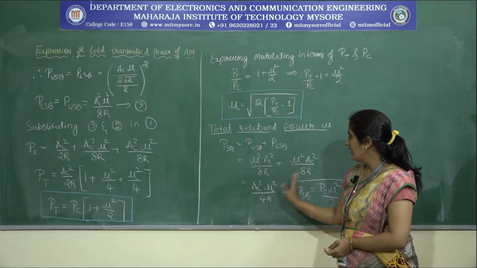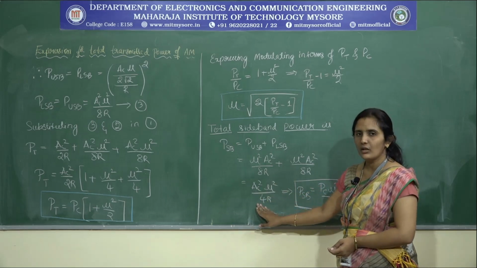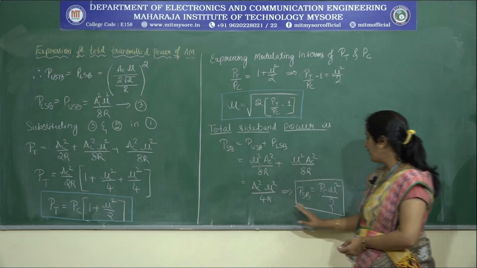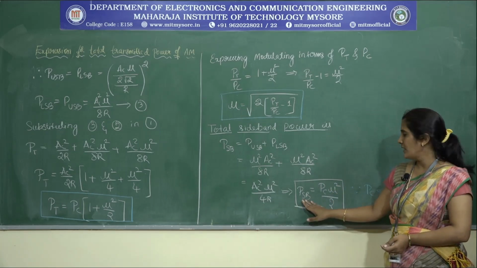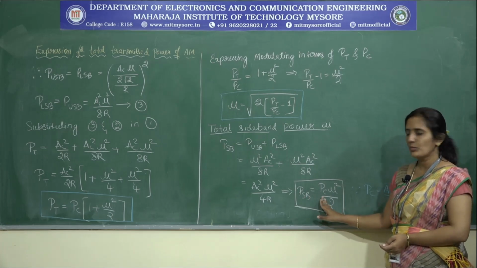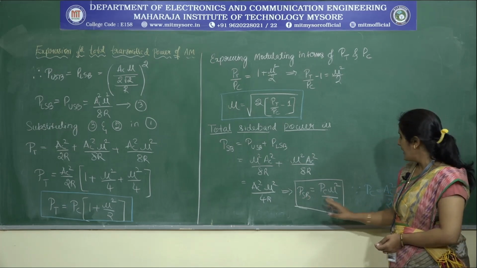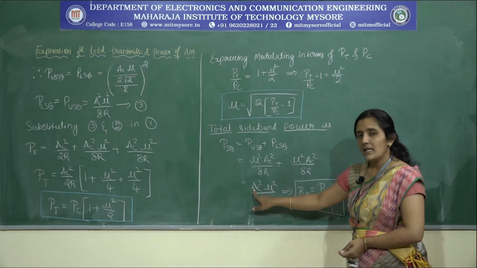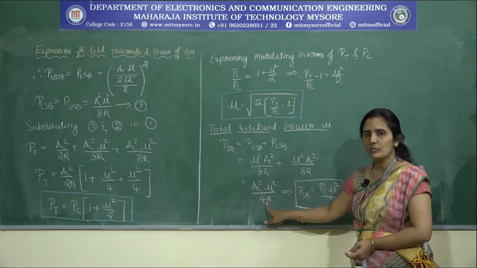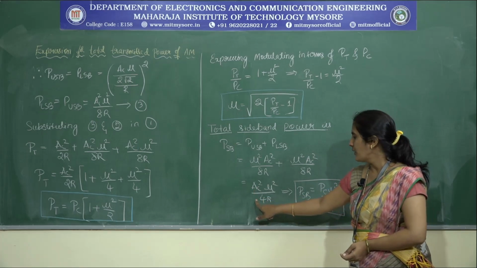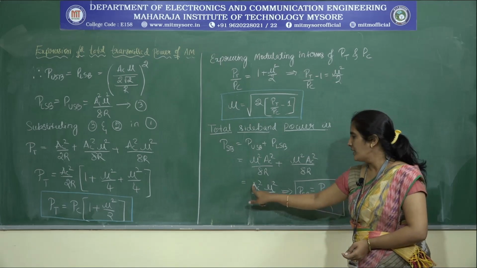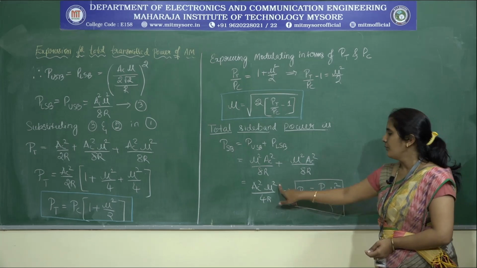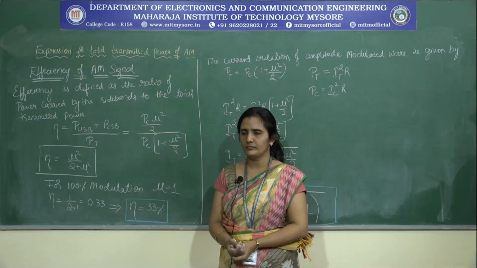After taking the common, we can write this as Ac square into mu square divided by 4R, whereas we can write this as power of sideband is equal to Pc into mu square divided by 2. Why? Because Pc is equal to Ac square divided by 2R. That is why we are going to split this 4R into 2R into 2, and we are going to consider that as Pc into mu square divided by 2.